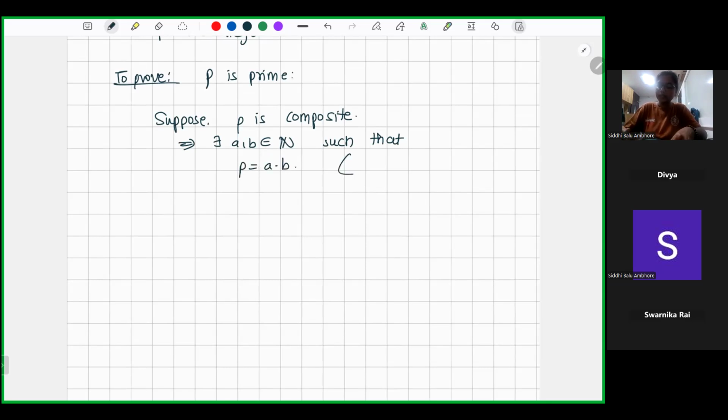Note that we are assuming P is composite, so we can assume that none of A and B is equal to 1. Okay. So this will imply that P into 1K will be AB into 1K, and this is A1K into B1K.